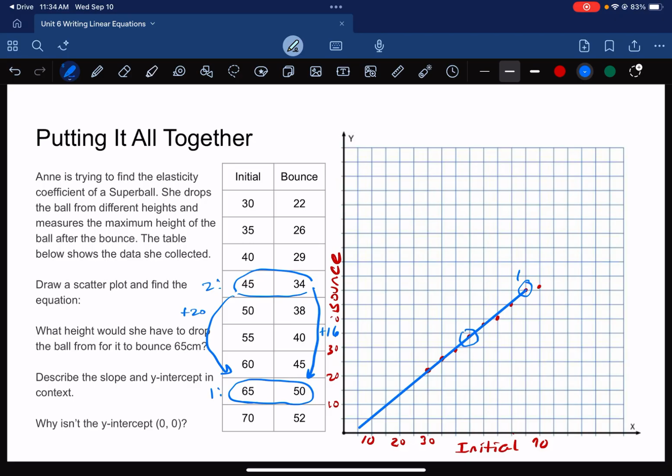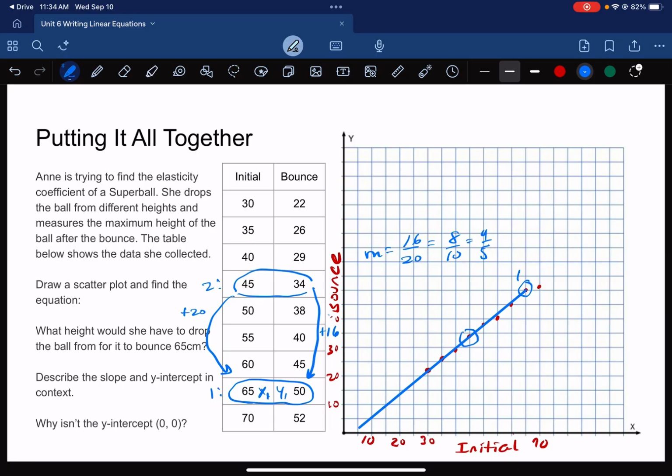So our slope is 16 over 20, which reduces to 8/10, which reduces to 4/5. So there's slope. And then I can just use a point. I'll just use this point 65, 50. I'll call this one my x1 and my y1.